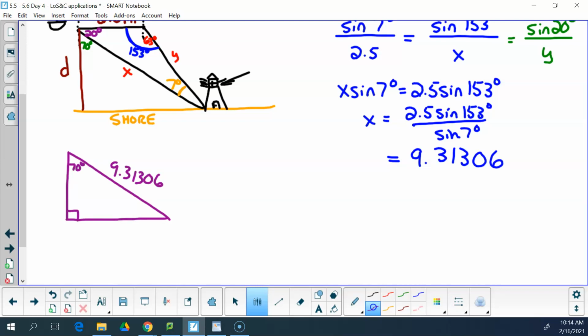We know that this is a right triangle, and we want to find D. So I would just say then that the cosine of 70 degrees is equal to D divided by the one that I chose. If you solve for the other side, it would be the same, except your angle would be 63 degrees. So you'd have the cosine of 63 degrees equals D divided by some different number, whatever you got for Y.